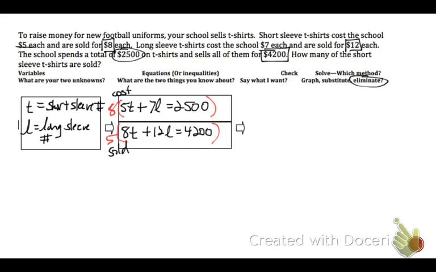I'm not going to multiply by a negative. I'm just going to get these both the same, and then I'm going to subtract. So 20,000, and then 40t plus 60l equals, and I think that's 21, but let me check that.